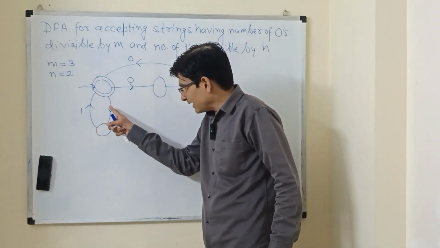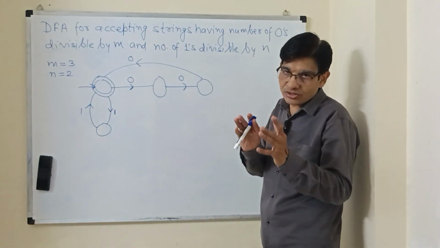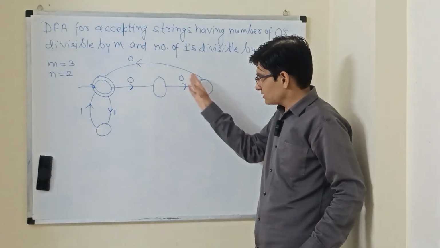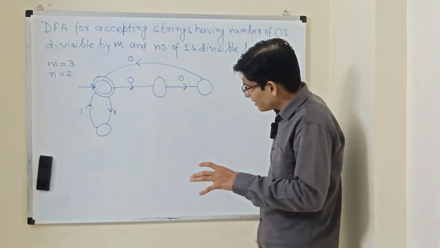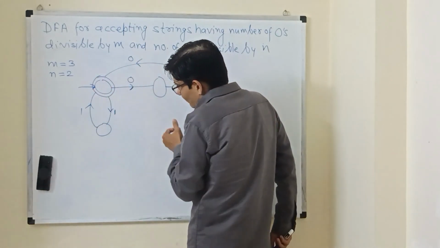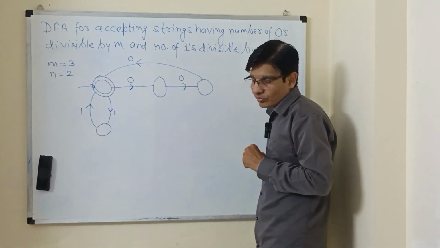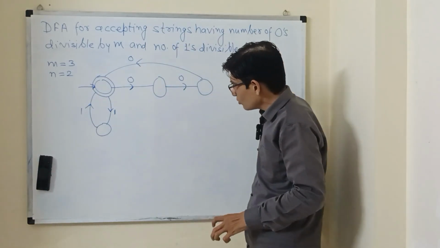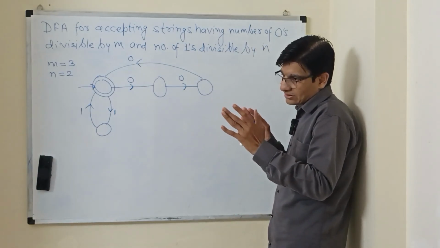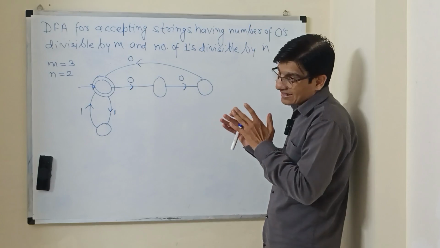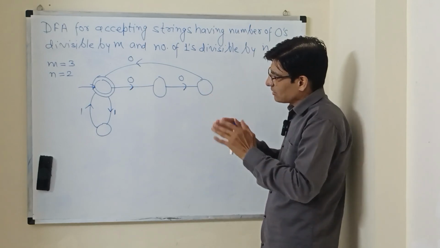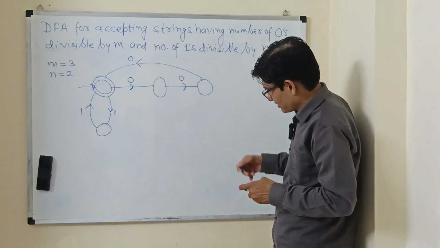Either all the zeros may be in first place, and then all the ones in second place, or the ones first and the zeros second. Now we need to generalize things. We need to make a machine that can accept any position, only the number of ones and zeros must satisfy the condition.